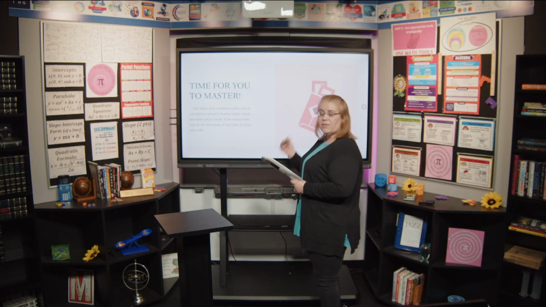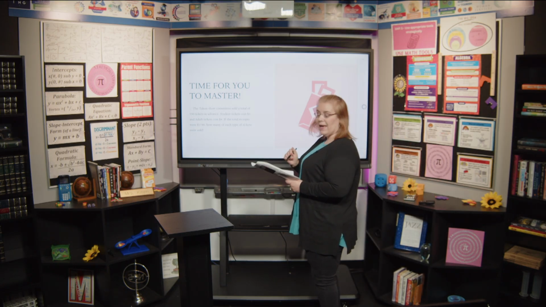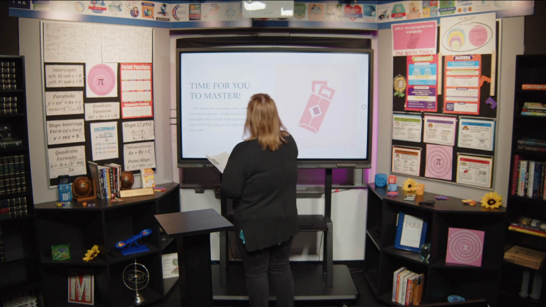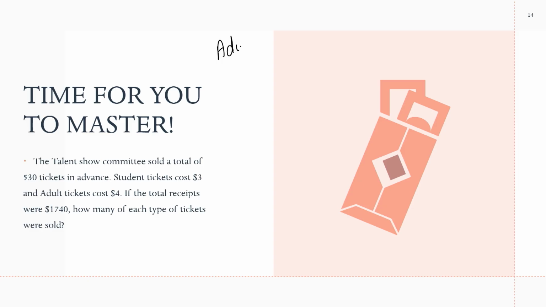All right, so this is what I got for my equation. I'm going to say I have adult tickets and I have student tickets. My adults are going to be X and my students are going to be Y. I know that my adult tickets are $4. My student tickets are $3.